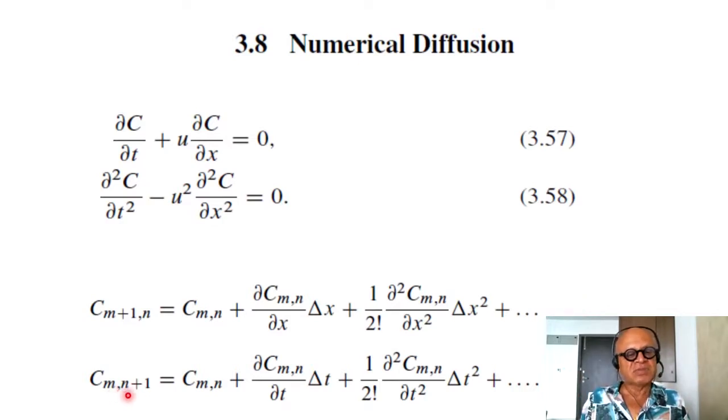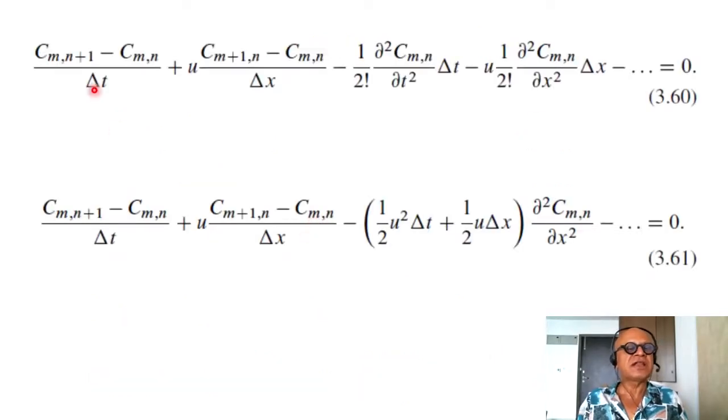And in time, similarly, you have C_m at n plus ∂C_m^n/∂t plus 1 over 2 factorial ∂²C_m^n/∂t² times Δt², and higher order terms. We've seen these before, so we plug these into the discretization and end up with something like (C_m^{n+1} minus C_m^n) over Δt plus u dC/dx written as (m plus 1 minus m).